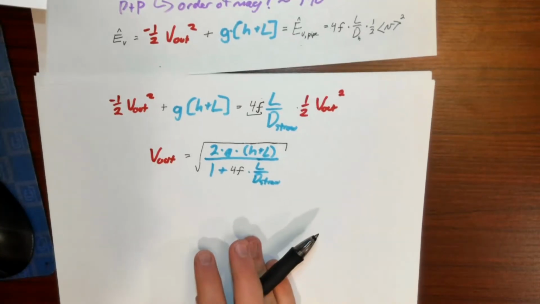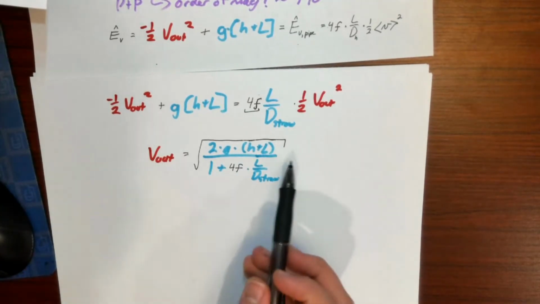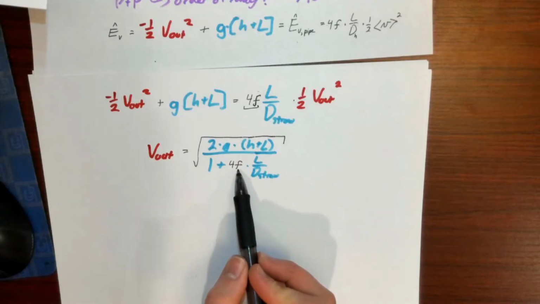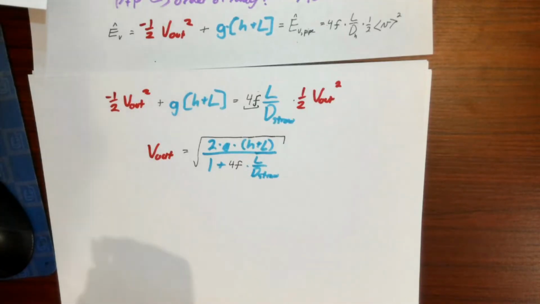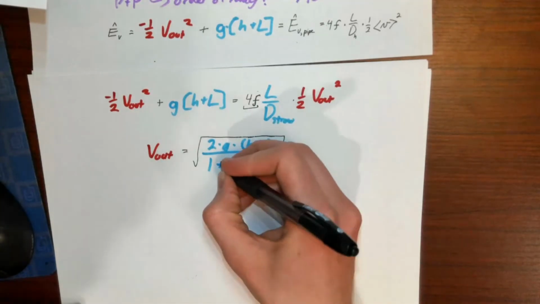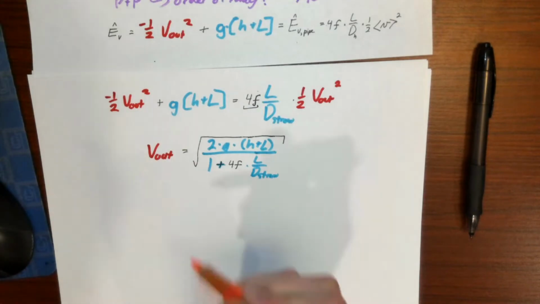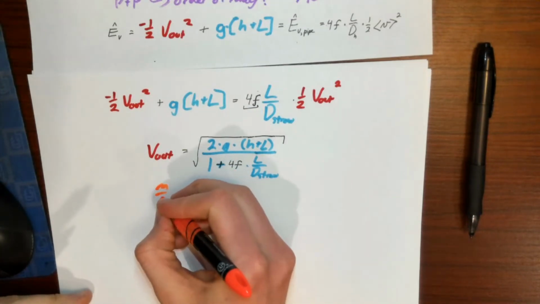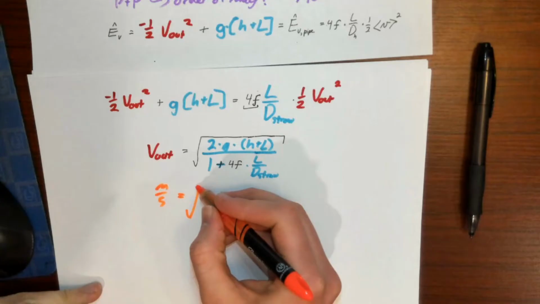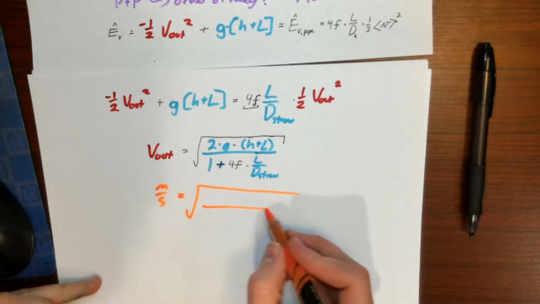So what might be some sensible things that we do when we get to some result here? Again, we're going to pretend that this is known for now. Well, one sensible thing is to check units. Vout has to have units of meters per second. The right-hand side also hopefully has units of meters per second.